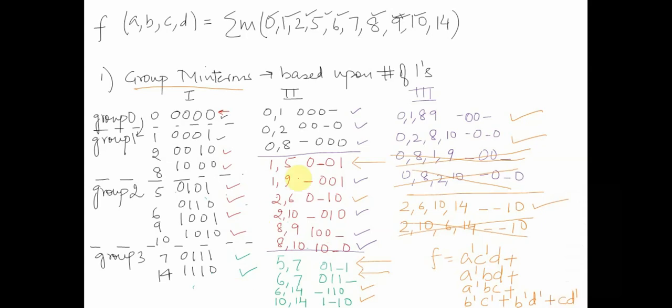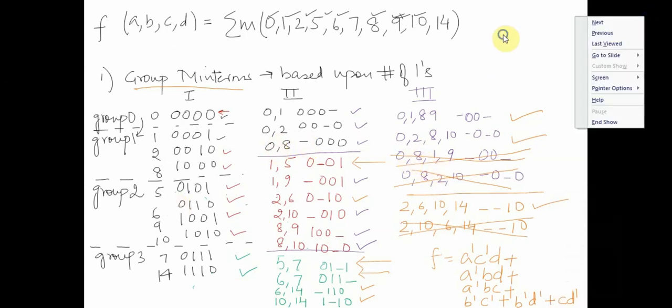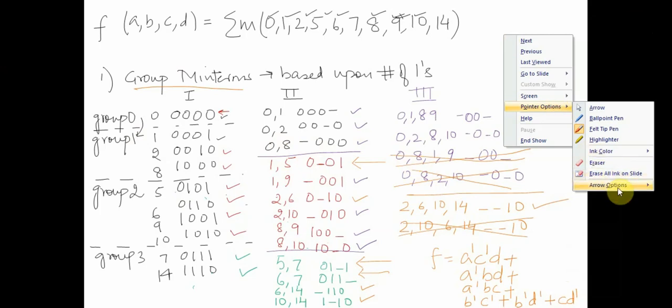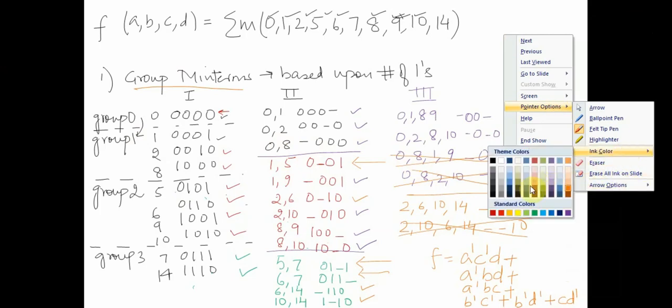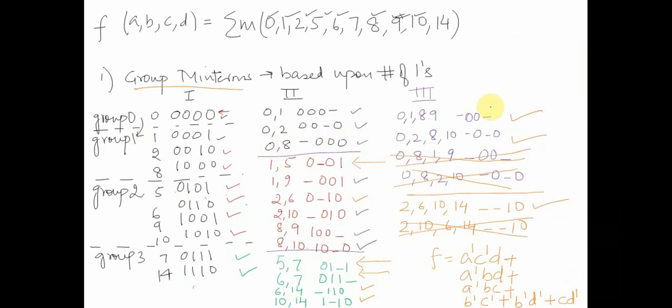Just to mention it clearly again, how many terms did we have pending over here? Let me use one more color. We had how many entries remaining? 0189, which is nothing but b bar, c bar.